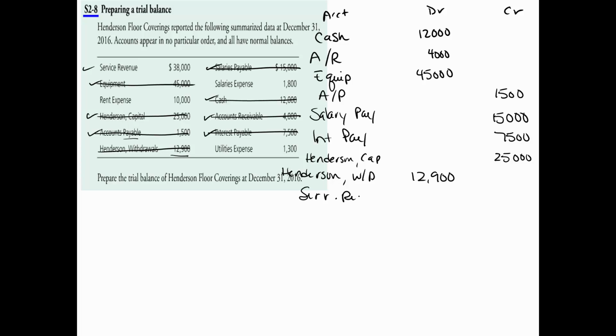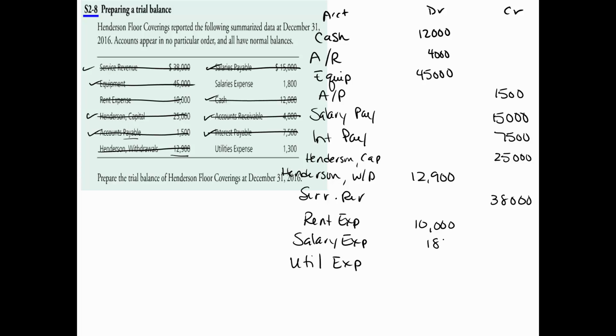Service revenue has a credit balance, so I'll put that $38,000 balance on the credit side. And then I have 3 expenses left. I have rent expense, salary expense, and utility expense. All the expenses always have debit balances, so that's $10,000 on the debit side, $1,800 for salaries, and $1,300 for utilities.